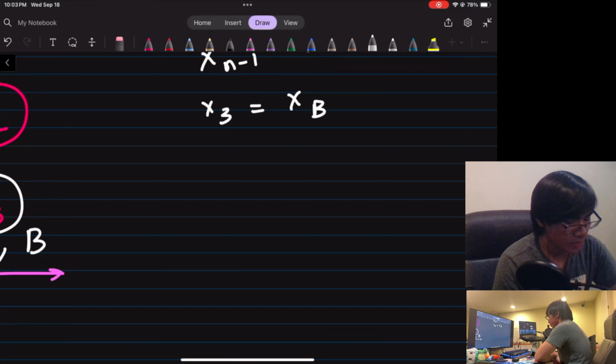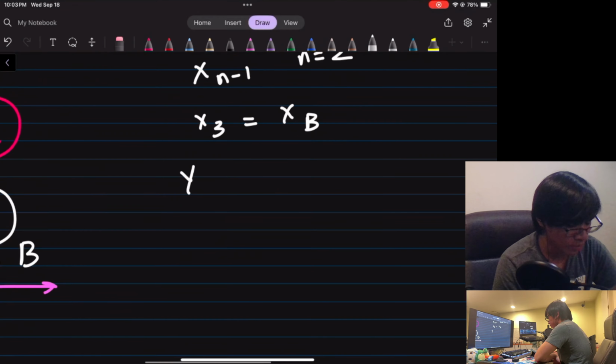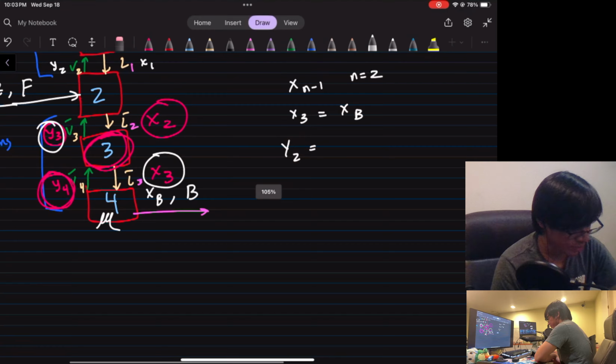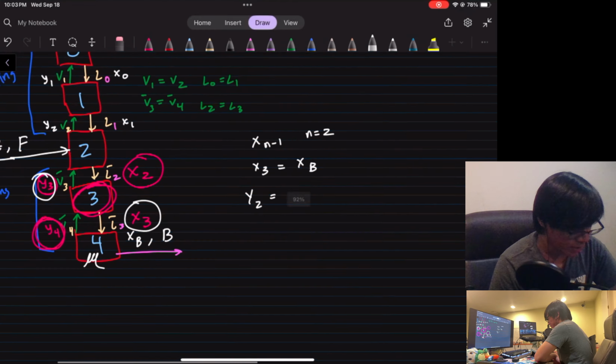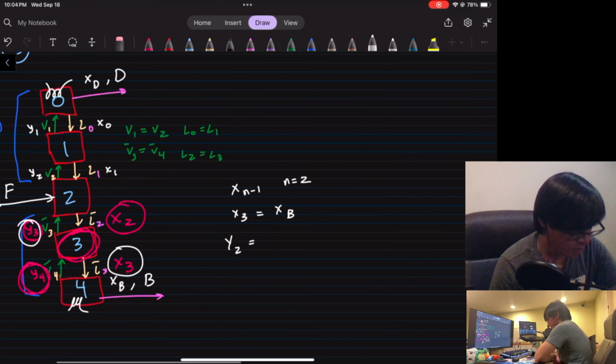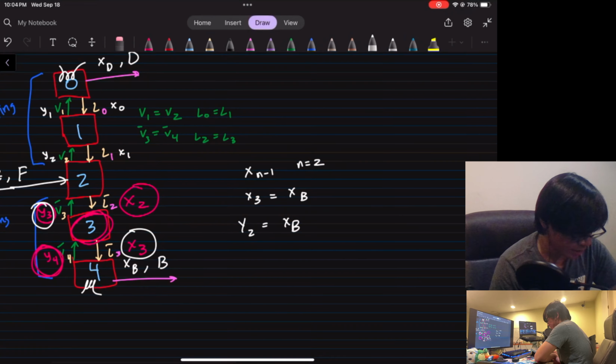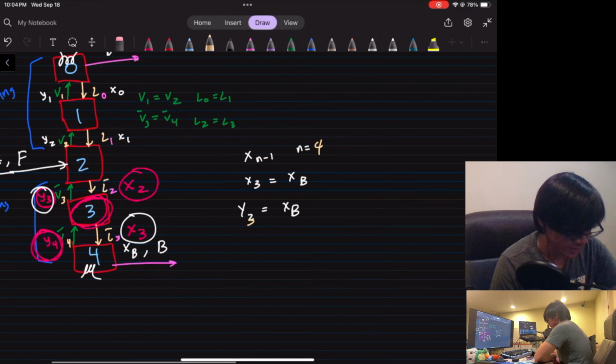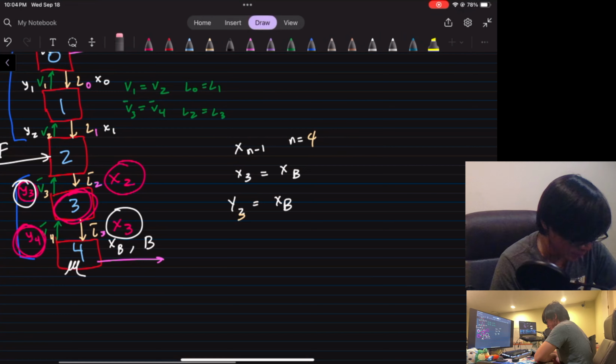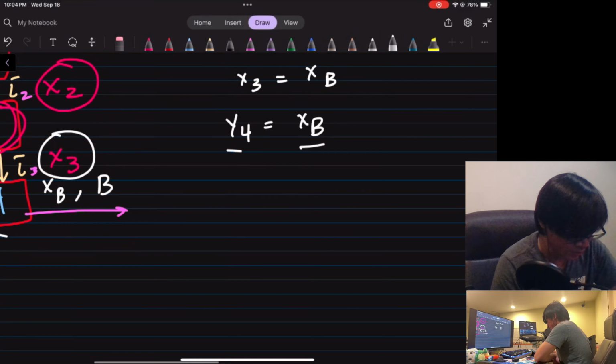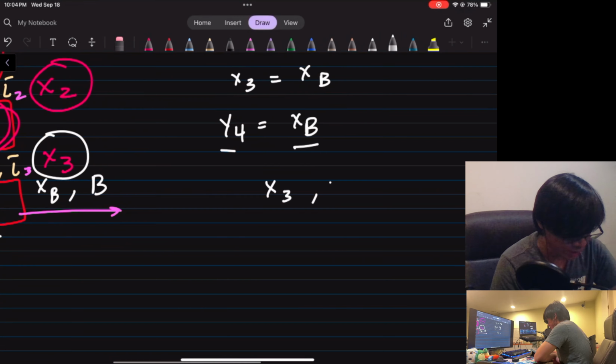And if that was true, we found from our operating line that y n was equal to xB, so n is 4 here, y is 4. Getting late. So y4 equals xB, so that was our first point. I'll call it x3, y4.